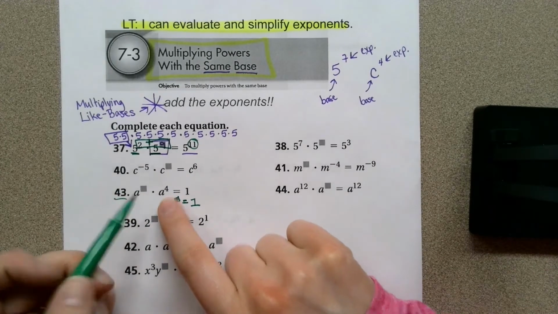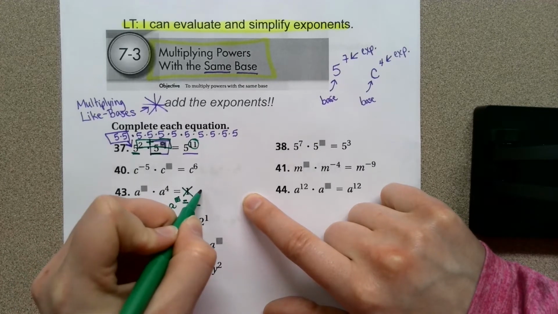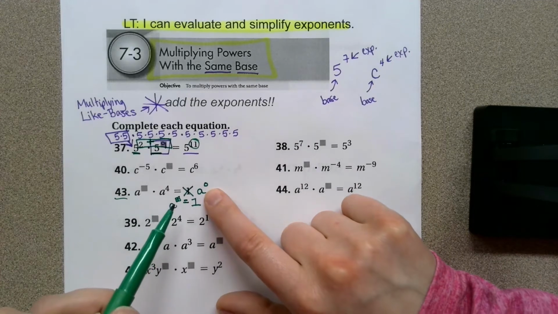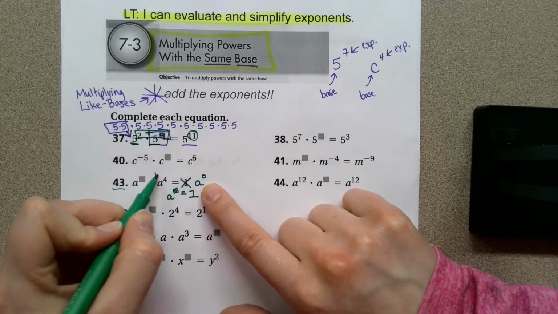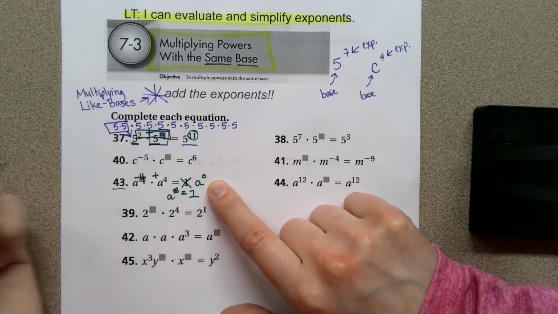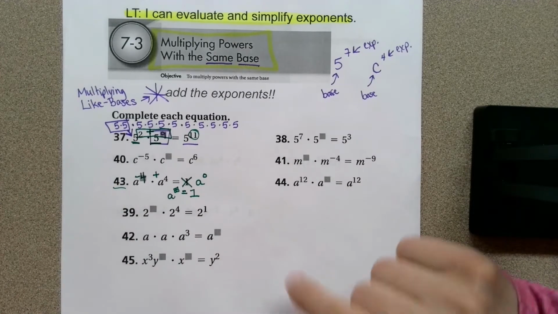So somehow we need to make this, instead of it being 1, a to the 0 power. So this is what we're working with instead. What plus 4 is equivalent to 0? That would be a negative 4. Negative 4 plus 4 is 0, so negative 4 would be our exponent.